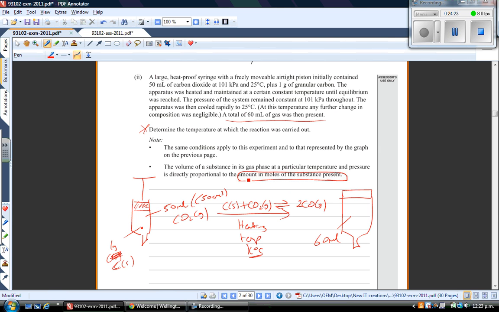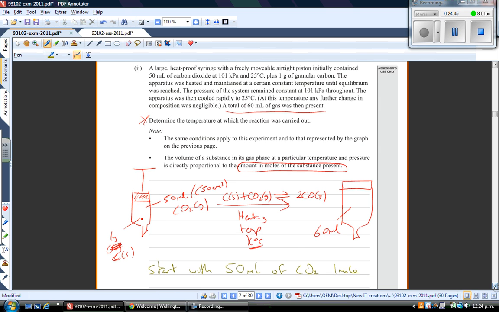Because if you look at the moles of each substance present, we're told that we start with 50 mLs of carbon dioxide. There's only 1 mole there, so 50 mLs for 1 mole of CO2.